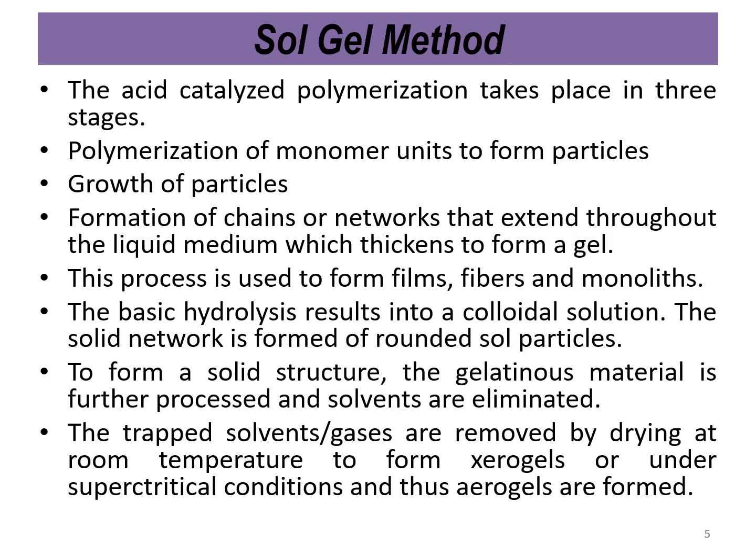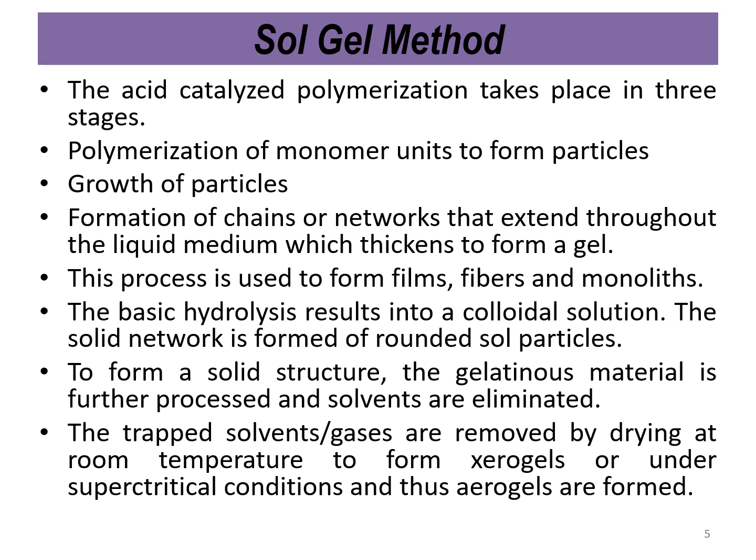The acid-catalyzed polymerization takes place in three stages. Polymerization of monomer units to form particles. Next is growth of particles. Formation of chains or networks that extend throughout the liquid medium, which thickens to form a gel.